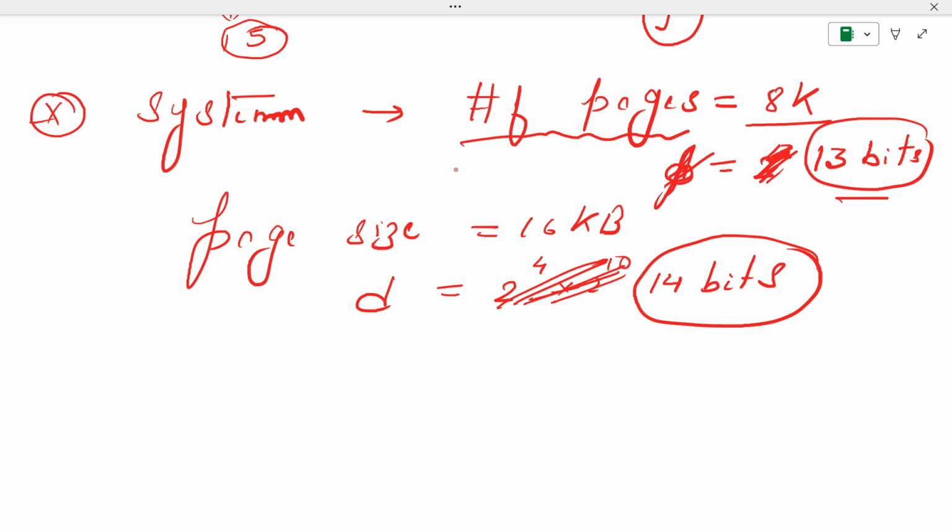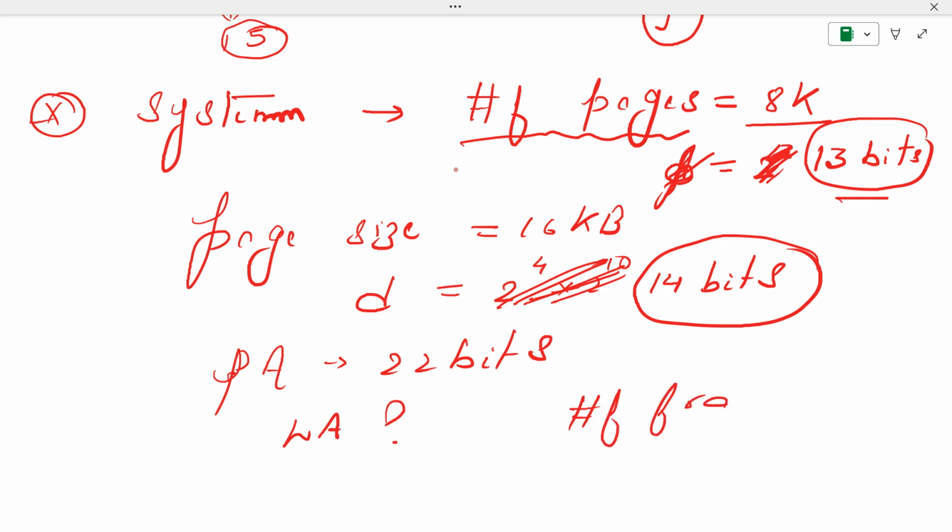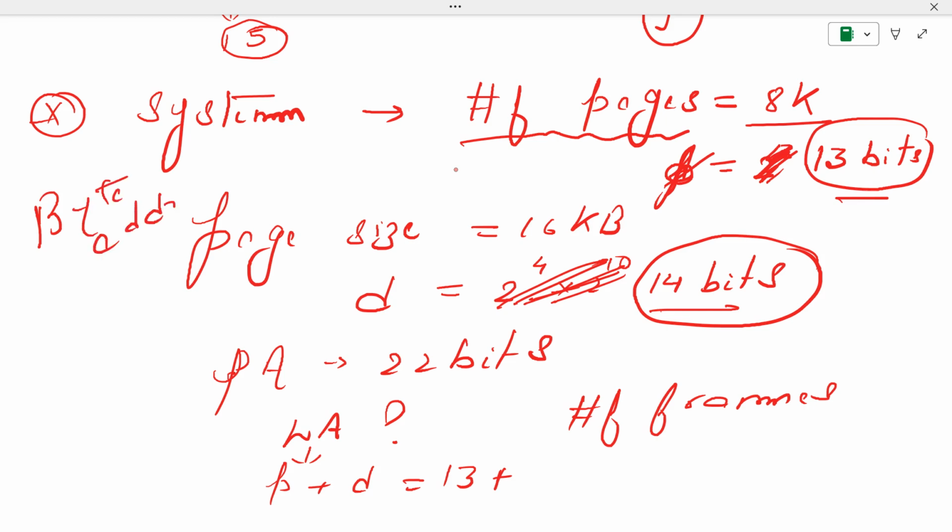Now memory is byte addressable, and the physical address, that is PA, is given as 22 bits. Then you are asked to calculate the logical address and the number of frames. So some information is given, some is missing. The logical address is P plus D. P is already 13 bits, and from the page size we can calculate D as 14 bits. Why? Because memory is byte addressable, so each row holds 1 byte in the page.